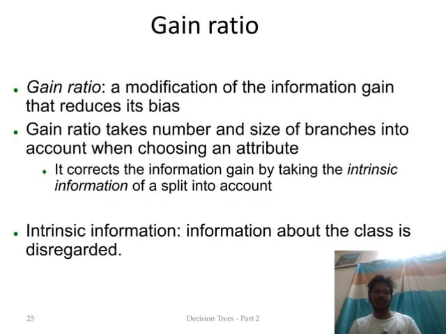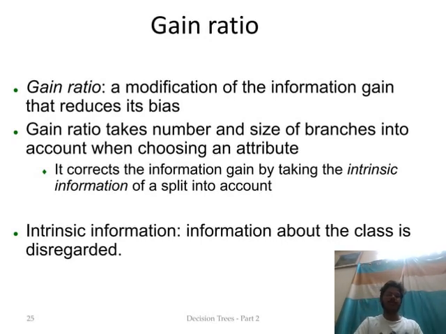And now we will discuss gain ratio. Gain ratio is a modification of the information gain that reduces its bias. Gain ratio takes number and size of branches into account when choosing an attribute. It corrects the information gain by taking the intrinsic information of a split into account.